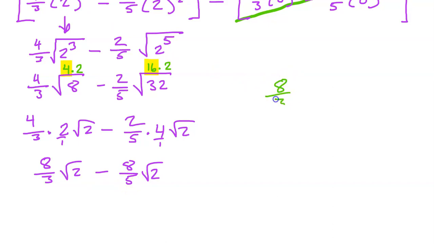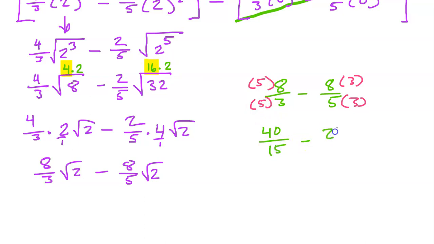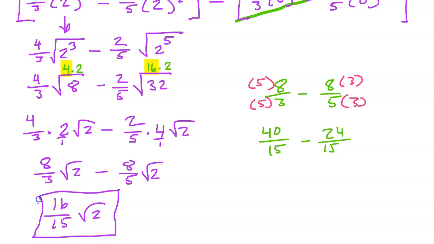So if I have 8/3 minus 8/5, you know that we would get like denominators by multiplying by 5 over 5 over here and 3 over 3 over here. So that's going to give us 40/15 minus 24/15. So a simplified answer would be 16/15 radical 2. And this is what you would likely see on a multiple choice question.